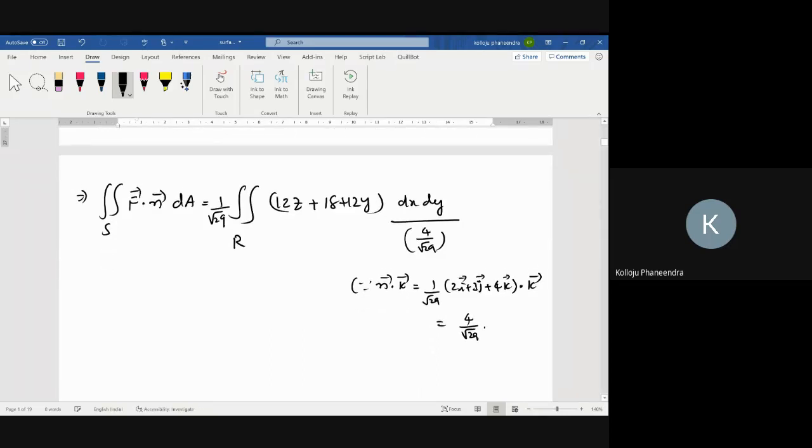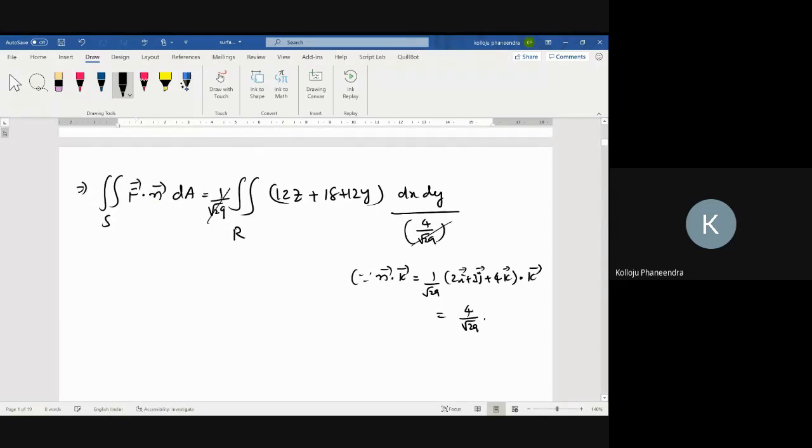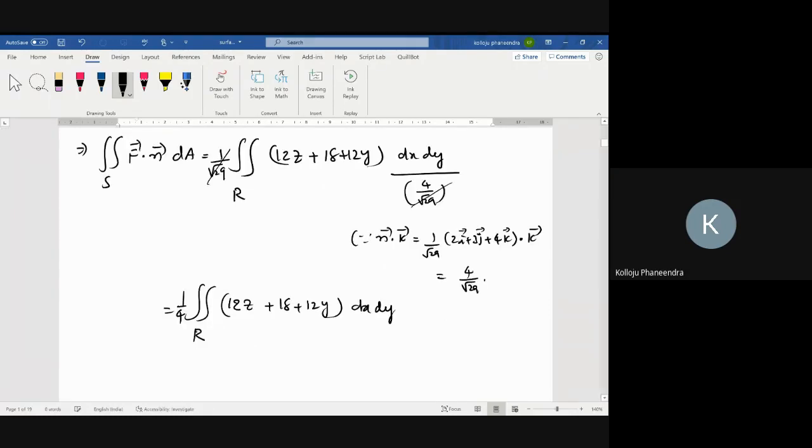Done. So this 1 by root 29 and 1 by root 29 get cancelled. This equals double integral over R of (12z plus 18 plus 12y) dx dy, and 1 by 4 comes outside. Right?